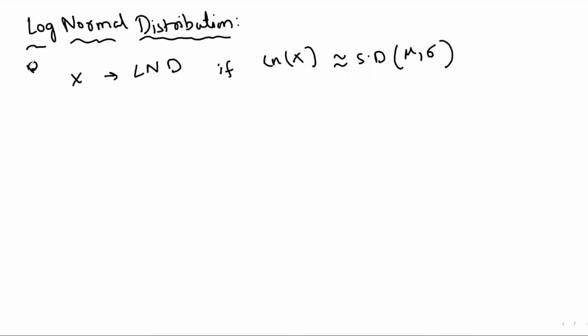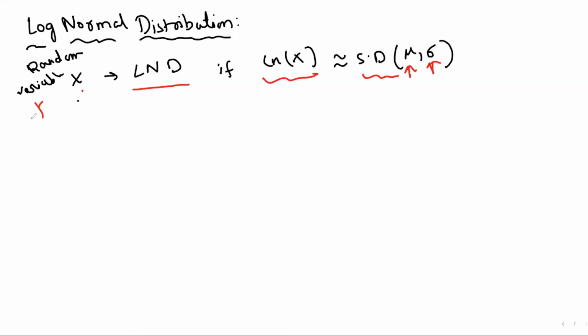So a random variable x is said to follow a log normal distribution if log of that variable x is following a Gaussian distribution with mean mu and standard deviation sigma.